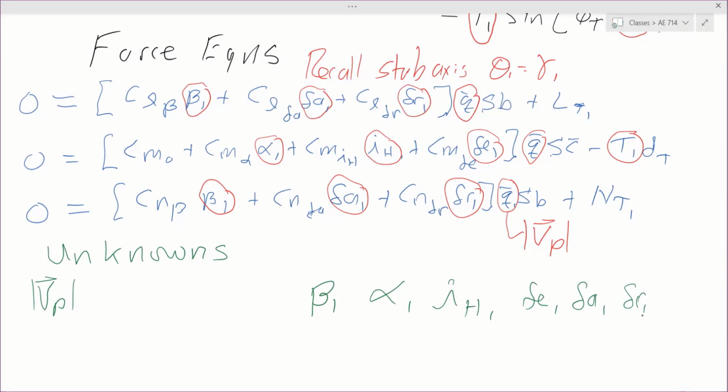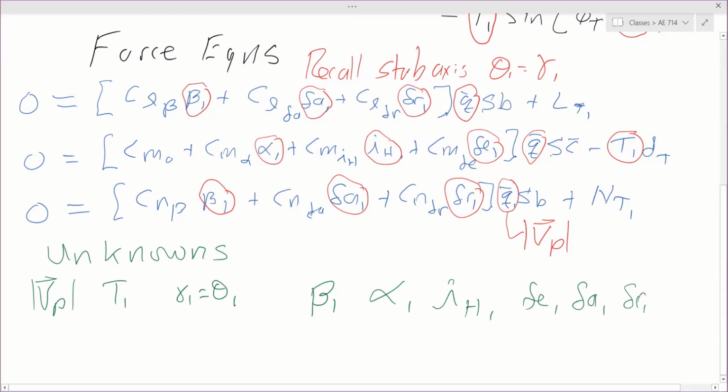Let's see, what else am I missing? Aileron, elevator, rudder, IH, alpha, beta. What'd you say? T, the thrust. Yeah. And then we got the flight path angle.